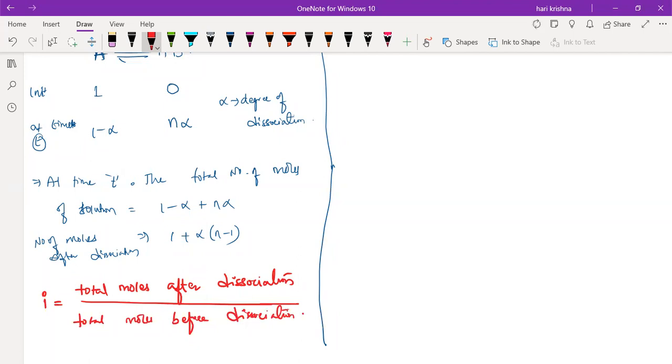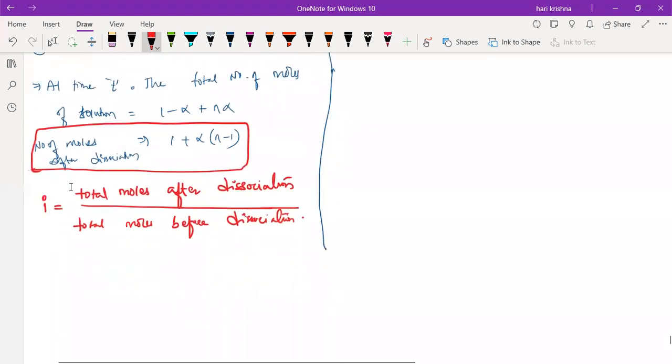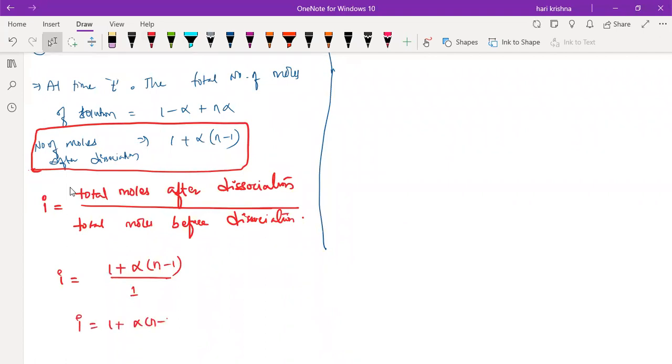Total moles after dissociation is 1 plus (n minus 1) into alpha. Before dissociation it is 1. So you can write i is equal to 1 plus alpha into (n minus 1) by 1. That means i is equal to 1 plus alpha into (n minus 1). This is a very important formula which we'll use in the calculation part.